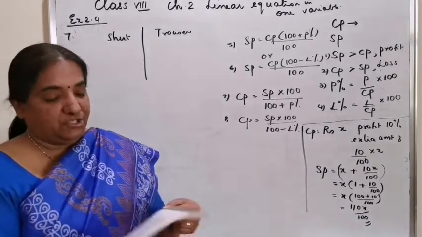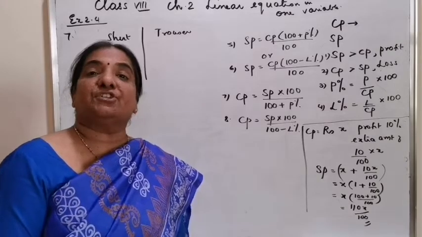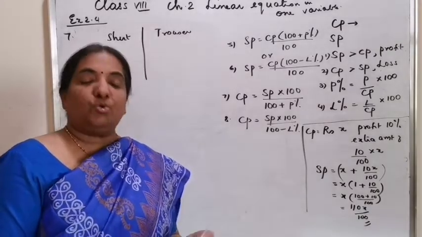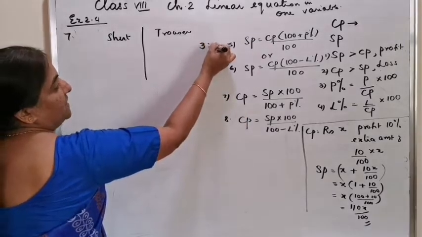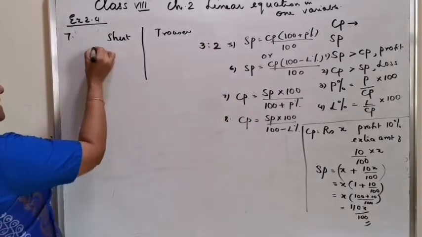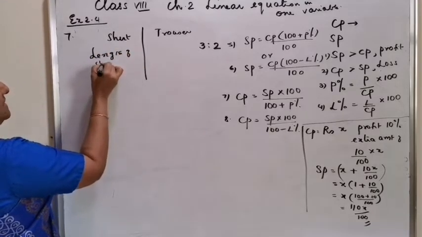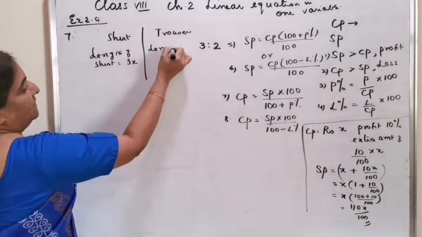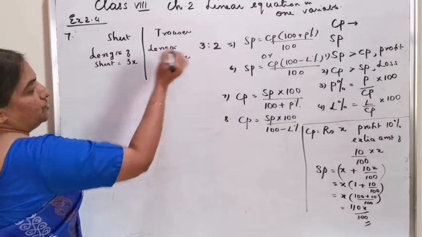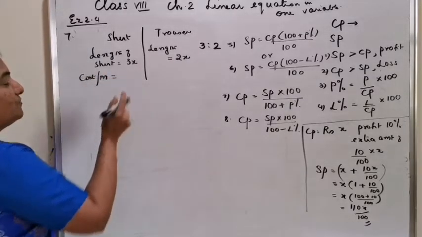And what is the ratio? For every 3 meter of shirt material, he buys 2 meter of trouser material, meaning the ratio is 3:2. So let the length of shirt material be 3x, length of trouser be 2x.